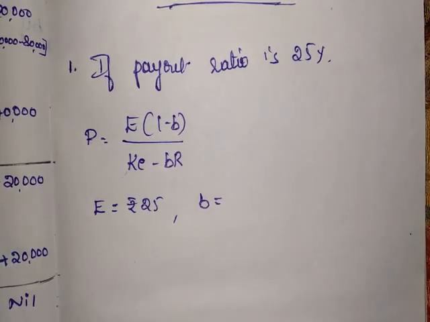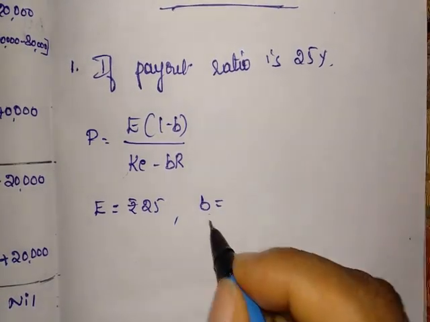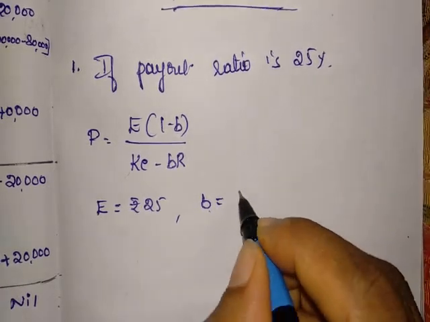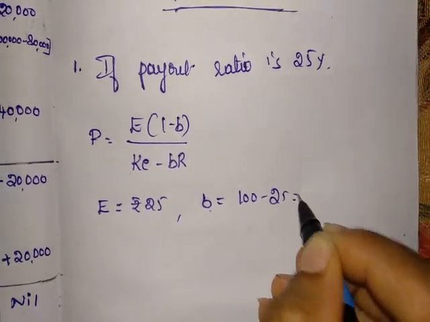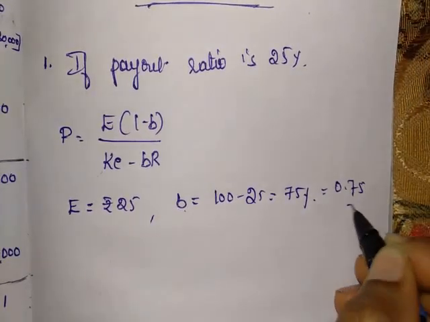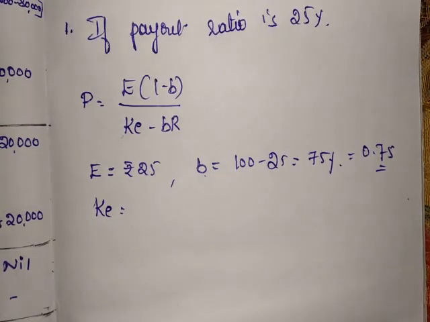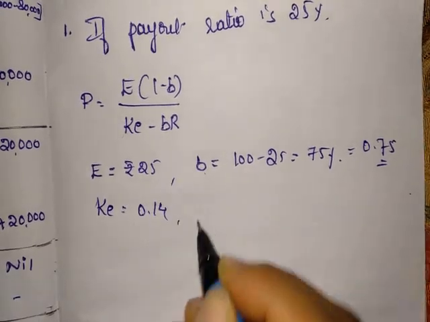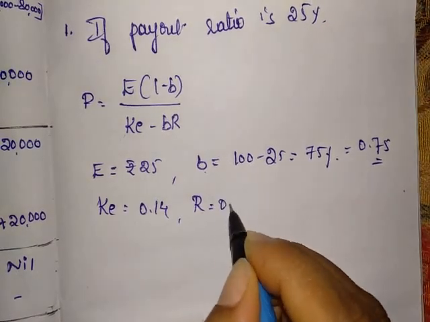Retention ratio, that is B, means 100 minus 25, that is 75%, means 0.75. Cost of equity is 0.14. Then rate of return R is 0.15.